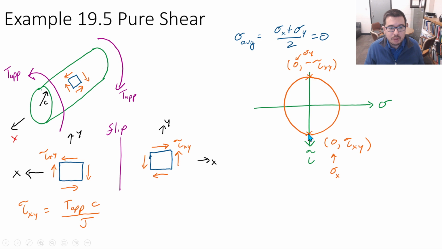Now, if we want to get to a state of principal stresses, we will need to rotate to get to these locations over here. So we rotate by how many degrees? Well, on Mohr circle, we're going to rotate 90 degrees. On the material element, we're going to rotate 45 degrees.